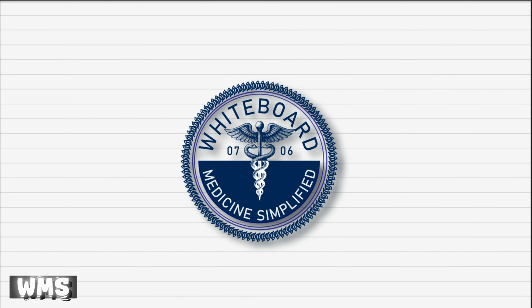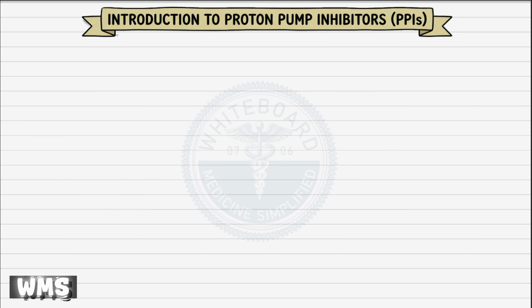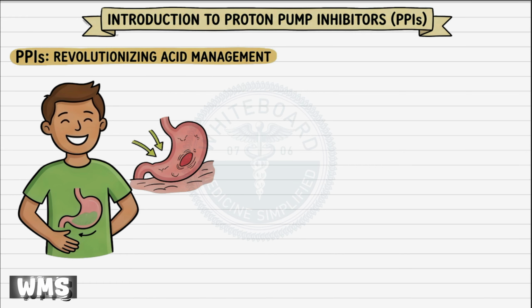Welcome everyone. In today's lecture, we are going to discuss one of the most commonly prescribed drug classes in modern medicine, proton pump inhibitors or PPI. These drugs have completely transformed the management of acid-related disorders because of their remarkable ability to suppress gastric acid secretion and promote mucosal healing.